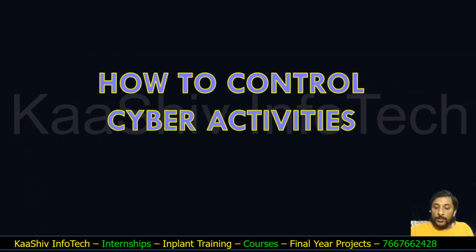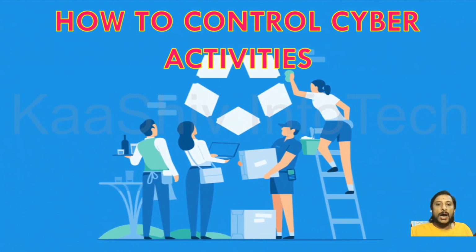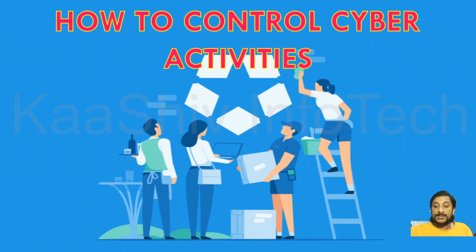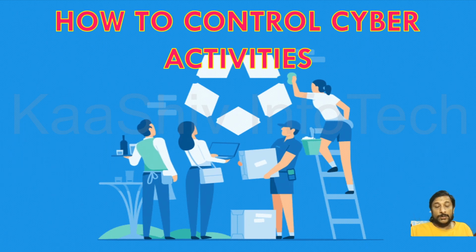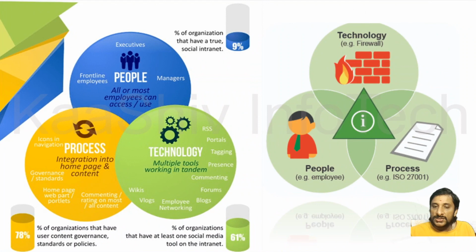Now let's talk about controlling cyber security. How are we going to control the cyber security activities? We have seen all the mitigations. These are the three things: using technology, following the process, and training the people.